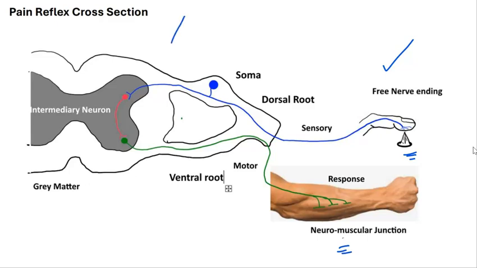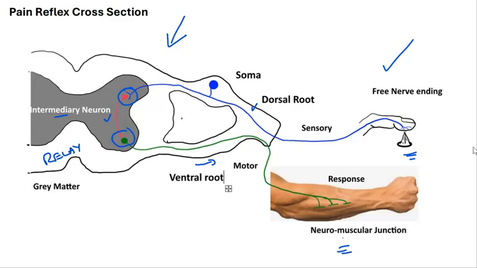And this large image here, drawn out of scale, is a cross-section of the spinal cord showing the dorsal root with the sensory nerves going in, the ventral root with the motor nerves coming out, and the intermediary neurons or relay neurons located more centrally here, forming synaptic junctions here and here, within the depths of the cross-section of the spinal cord.